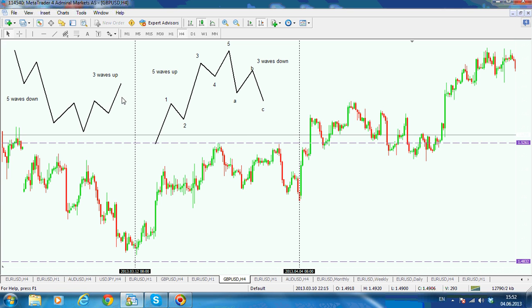It refers to a downward move, and it should be labeled like 1, 2, 3, 4, and 5, and they are corrected by A, B, and C. It is the same concept, the same principle, the same 5 waves up, 3 waves down, or in this case 5 waves down and 3 waves up.